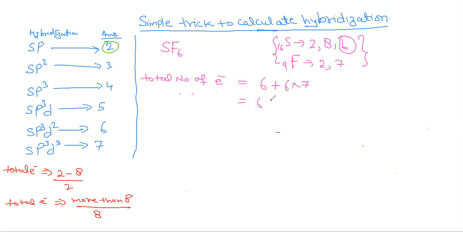So 6 plus 42 equals 48. The total number of electrons is more than 8, so divide by 8, which equals 6. If you get the answer 6, your hybridization is SP3D2.